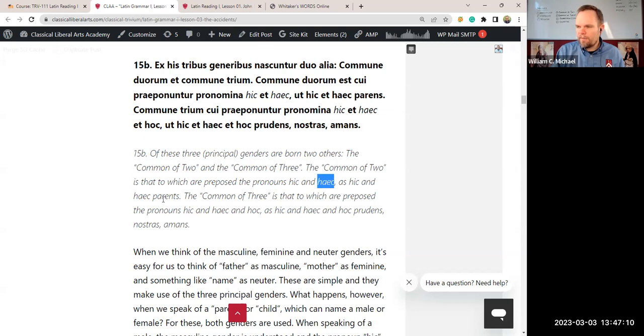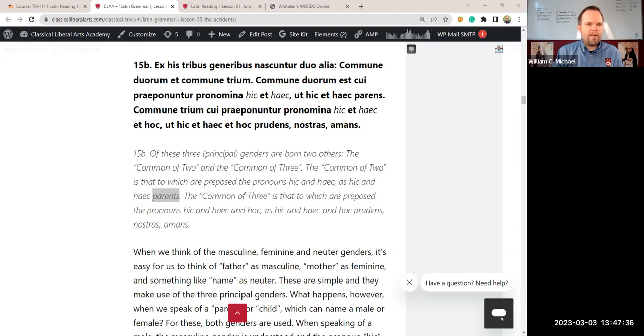And an example of this is the Latin noun parens, and that's a typo. I'll type it in the chat here. It's autocorrect. It turned it into parents. It should not say parents. It should say parens. Okay, that's the Latin word. The word parent is another example of common of 2. Who does the word parent refer to, your mother or your father?